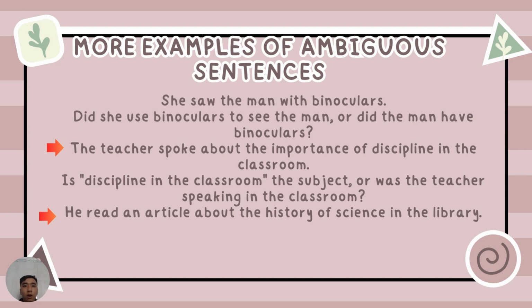More examples of ambiguous sentences. She saw the man with binoculars. Did she use binoculars to see the man, or did the man have binoculars? The teacher spoke about the importance of discipline in the classroom.